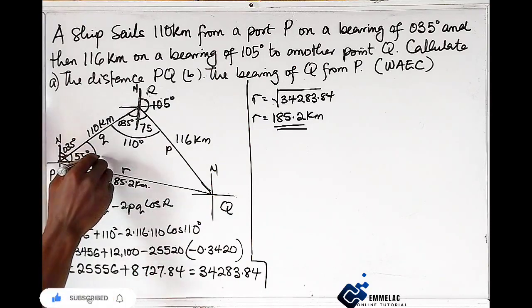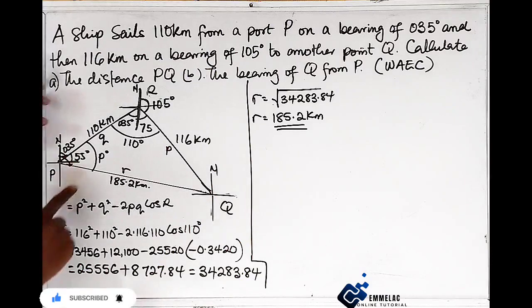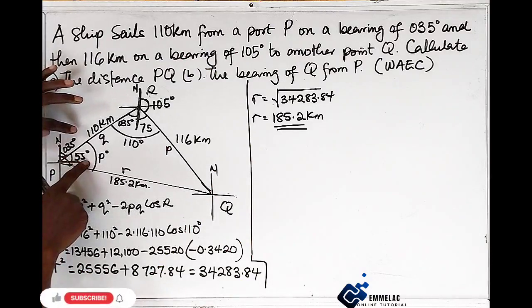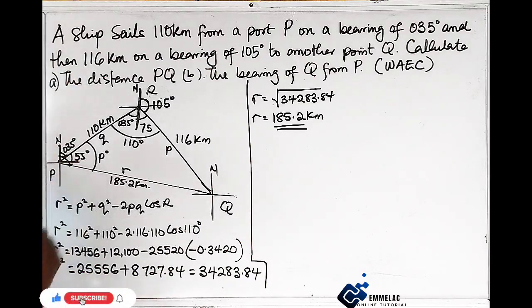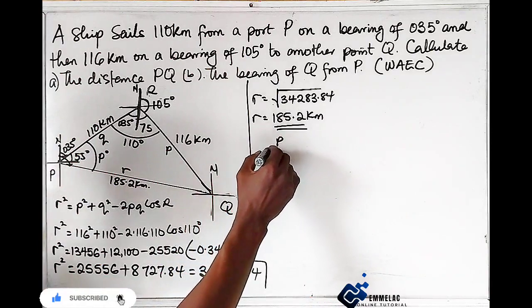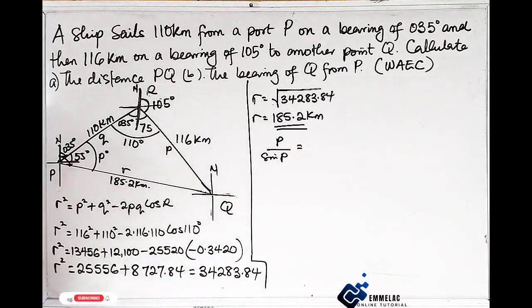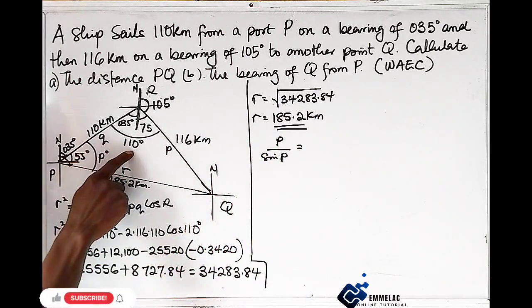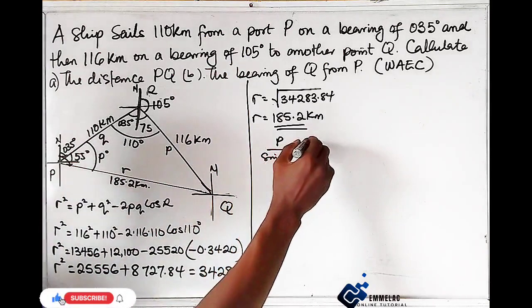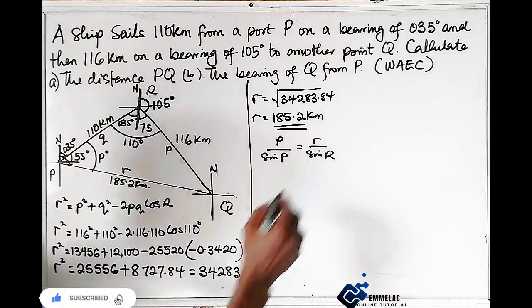Let us call this angle P. Here is the angle we are looking at, so we can make use of the sine rule: p over sine P equals r over sine R.